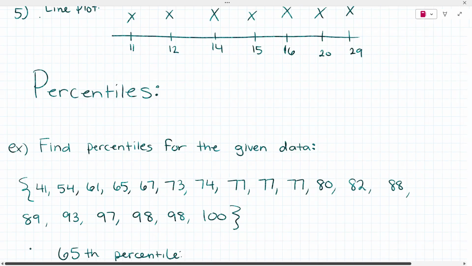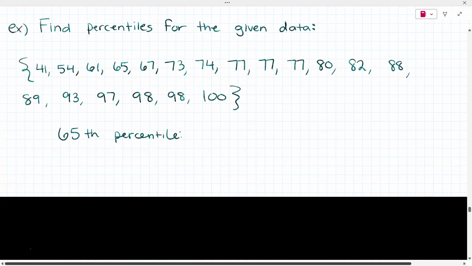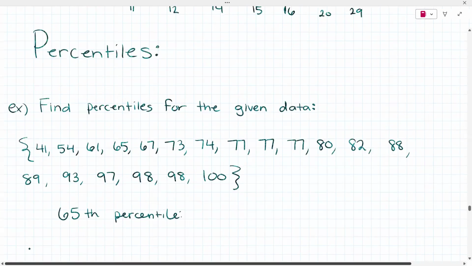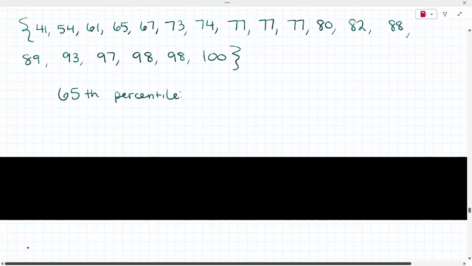We have 41, 54, 61, 65, 70, 73, 74, and the rest of the numbers. This is part of a problem. It says find the 65th percentile. So what I would do is, right here, make sure it's from least to greatest.